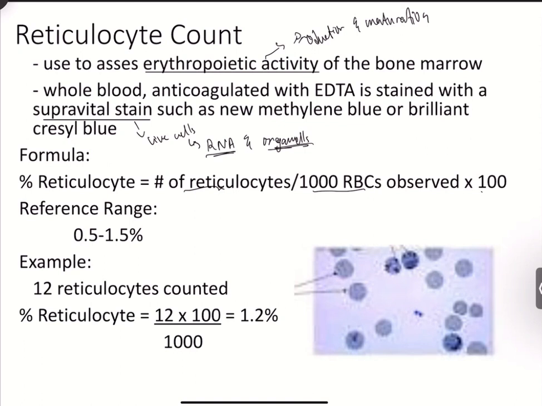For example, you have 12 reticulocytes counted with 1,000 RBCs. So 12 times 100 over 1,000 is equal to 1.2%. Is that normal? Yes, because our normal range is 0.5 to 1.5%.